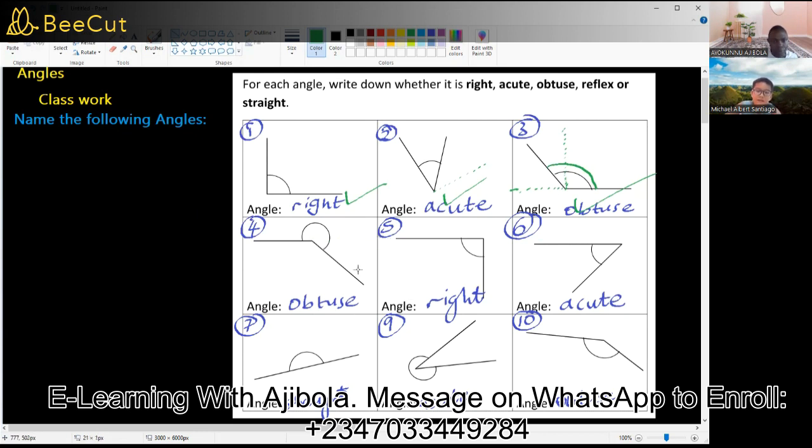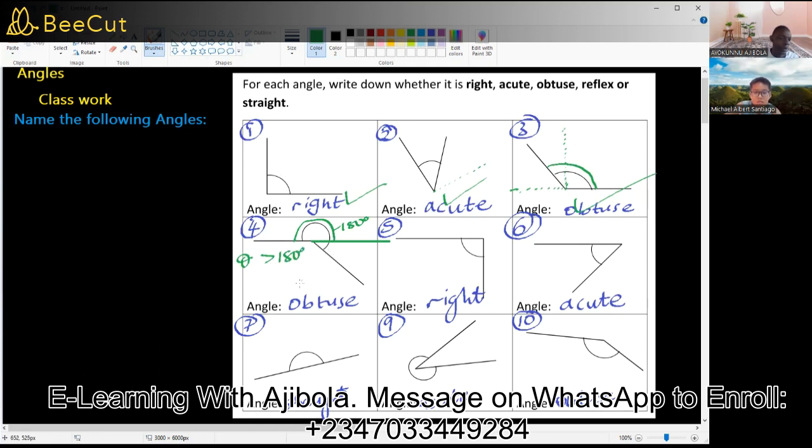So if I just continue this line, this makes 180 degrees at the top. Is that clear? So this is 180, but the total angle is greater than 180.